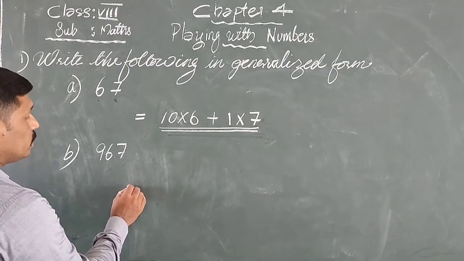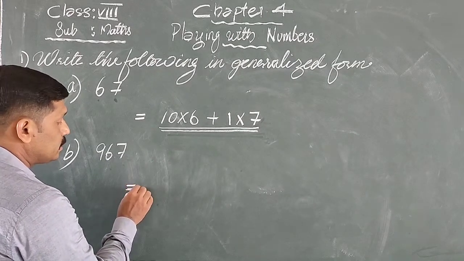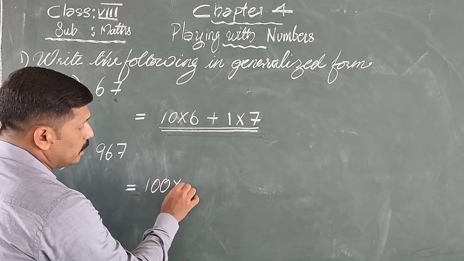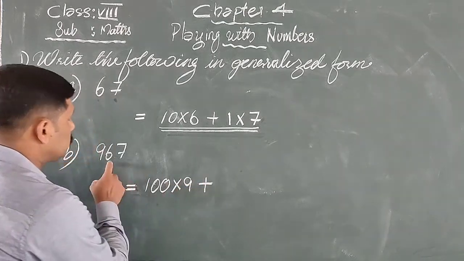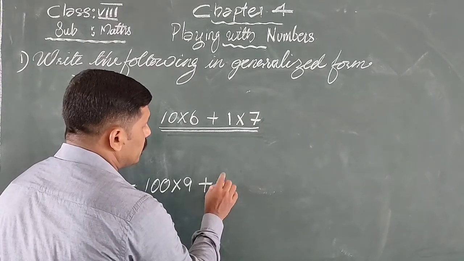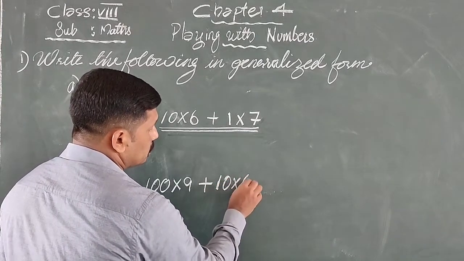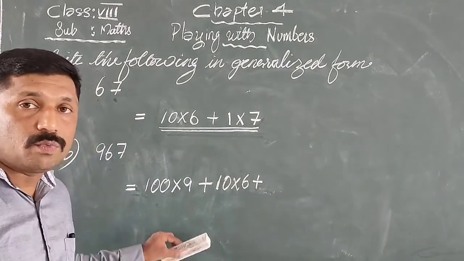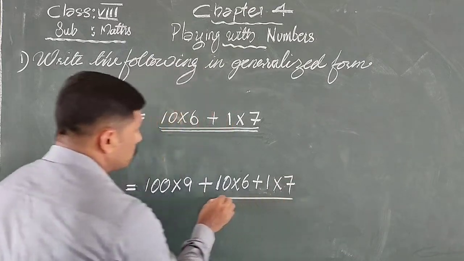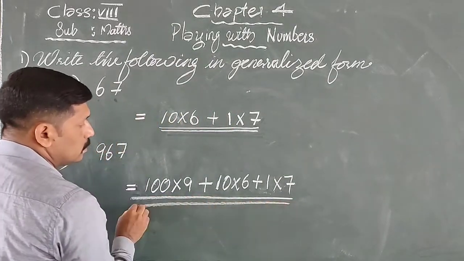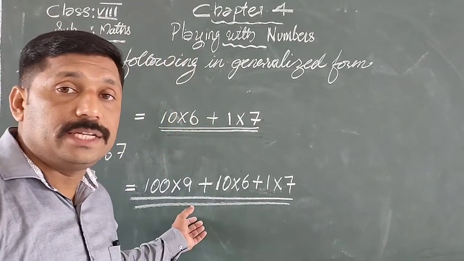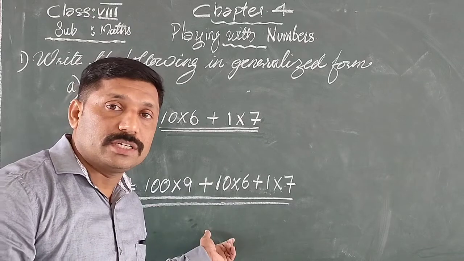So each digit of this number we multiply by its place value. 9 is in the hundreds place, therefore 100 into 9, plus 6 is in the tens place, so 10 into 6, plus 7 is in the ones place, therefore 1 into 7. Okay, children, now I think that you understood how to change a number into its generalized form.